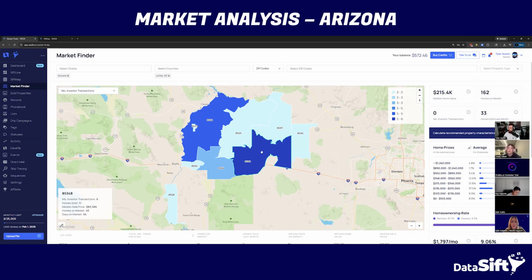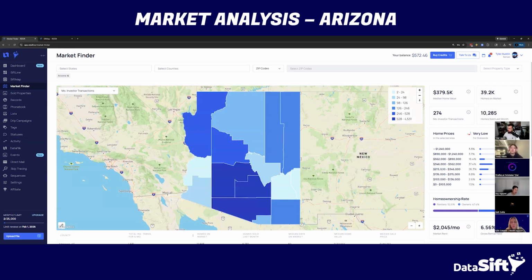So it really comes down to how many records exist in 85348, right? If it's only like 1,000, it's okay, it doesn't hurt to add it into my campaign, but I might not want to spend the bandwidth because I don't really care about that area. It's pretty low price point as well. As of right now, looking at the averages of what is selling across all of Arizona, not much is in that 100,000 to 200,000 price point, let alone 0 to 100,000.